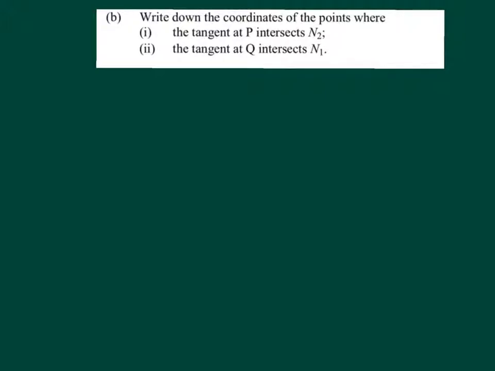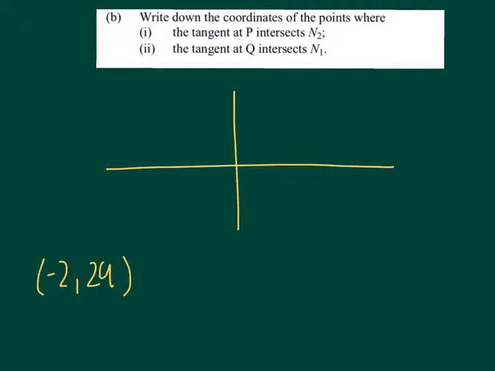So we can draw an arbitrary drawing of the graph. So we had the points negative 2, 29, and 4, negative 79. So that's about here, and we'll say here. Like that.